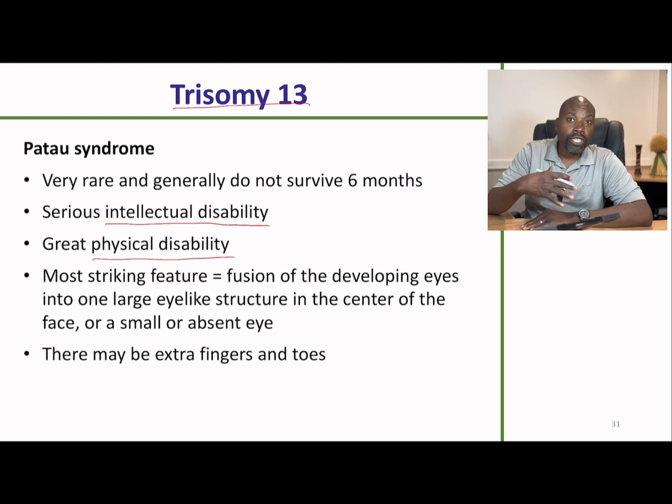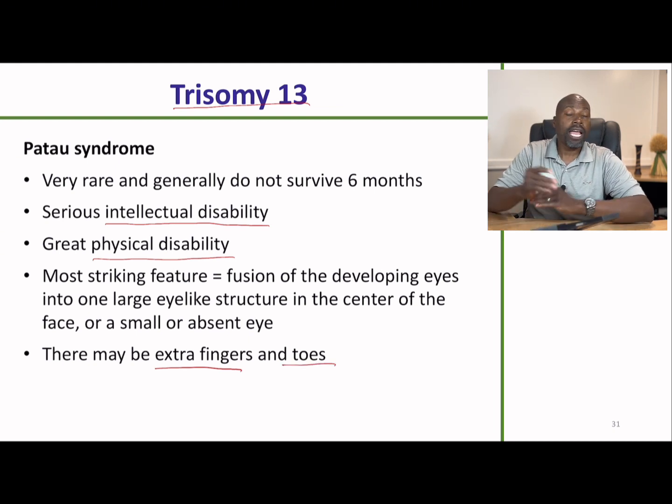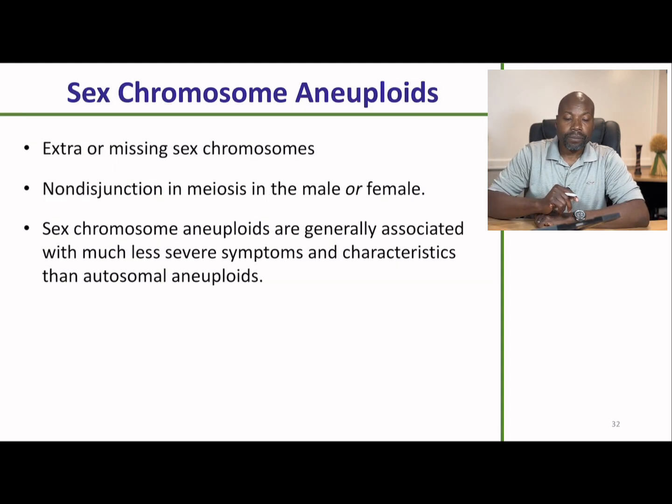There are a bunch of physical deformities that are typical of trisomy 13. The individual may have some extra fingers, or sometimes extra toes, or sometimes both.